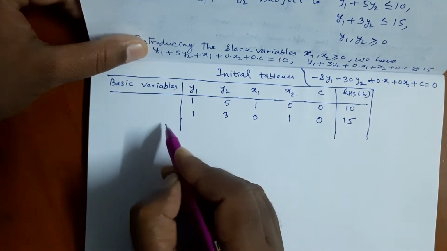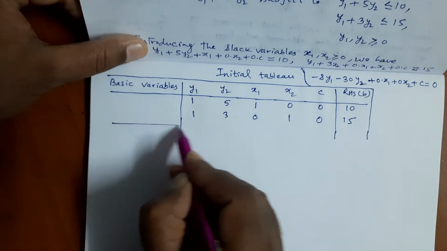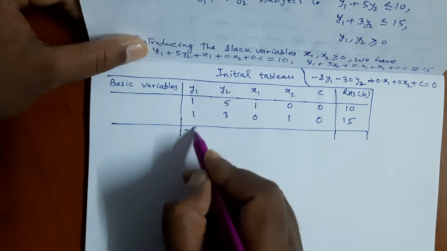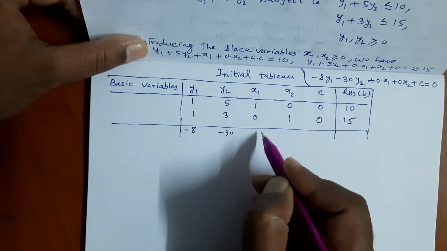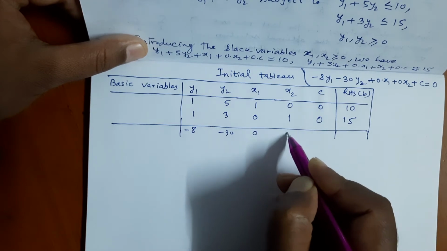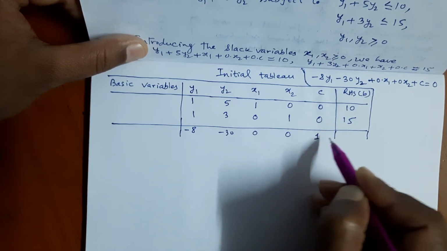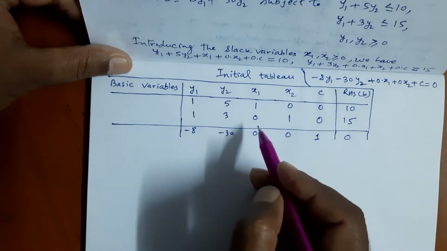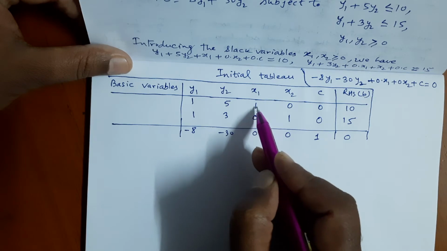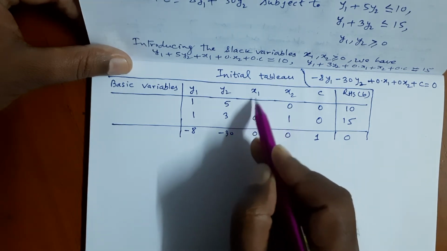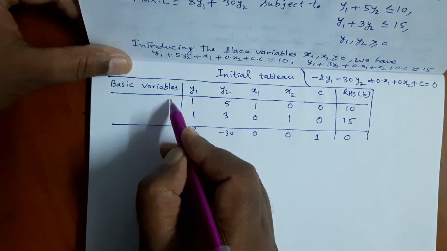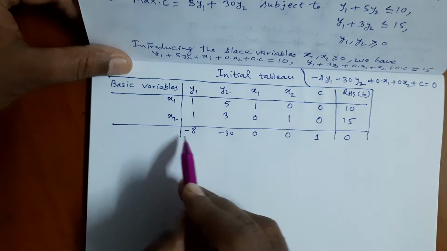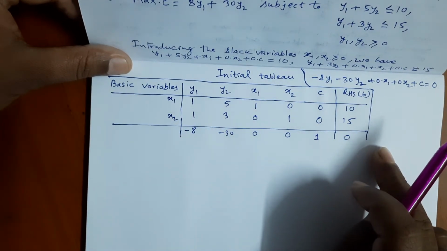Here in the bottom row we have this minus 8, minus 30, 0, 0, 1 and 0. Okay, and our basic variables, here we have 1 and here 0, here 0, here 1, so these two are the basic variables, x1, x2.